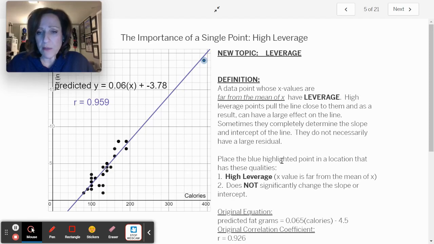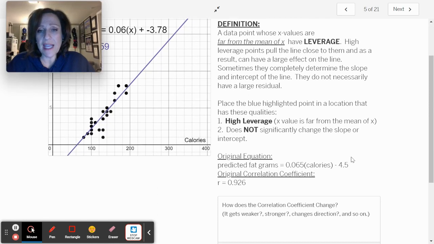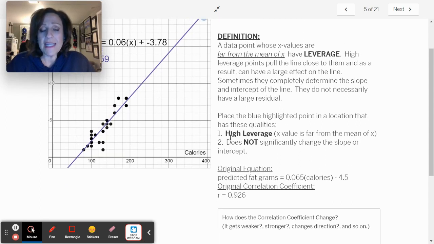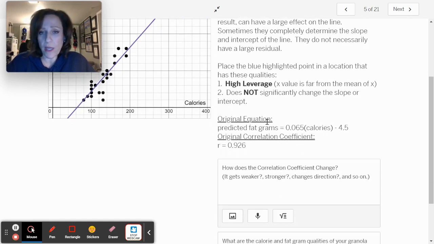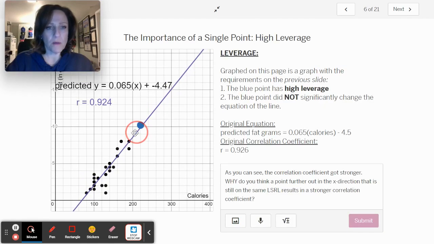So I want you to place the blue highlighted point in a location that has these qualities: high leverage, and does not significantly change the slope or intercept. And for reference, here's what the equation of the line was. Remember how we discussed that idea of extrapolation?